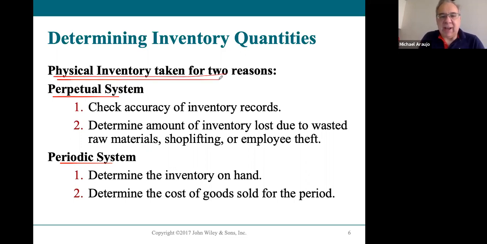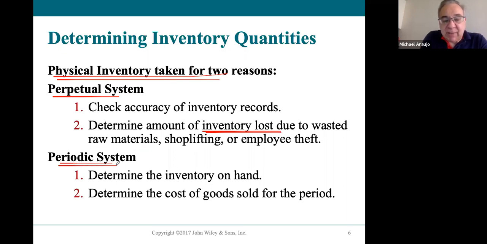They still literally have to do a physical count at least once a year to make sure they're keeping track of any inventory that's been lost to other types of categories. Of course, you want your inventory to be sold to customers, but sometimes inventory disappears in other ways. And so we'll get to talking about these a little bit more actually in chapter 7.